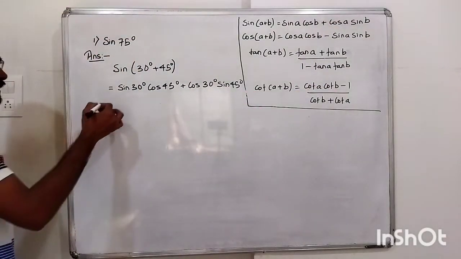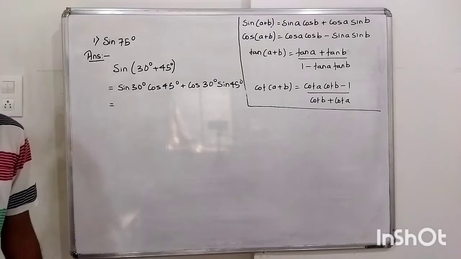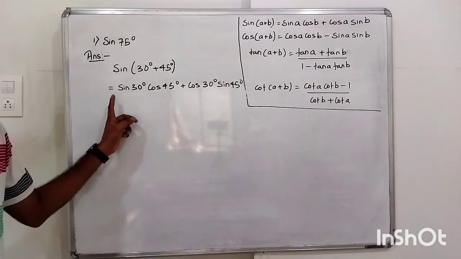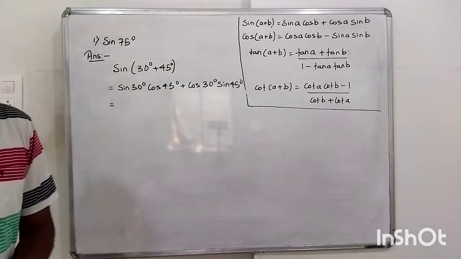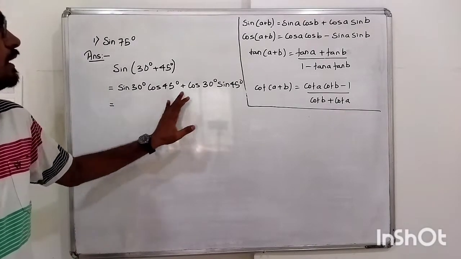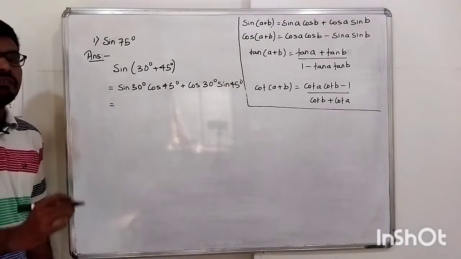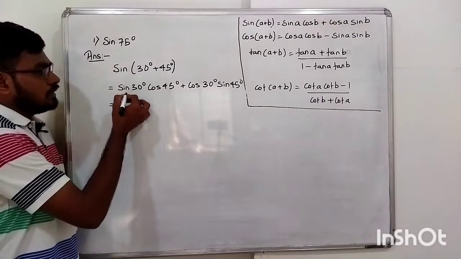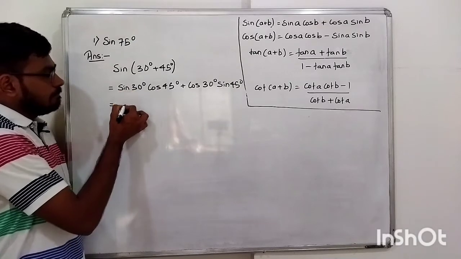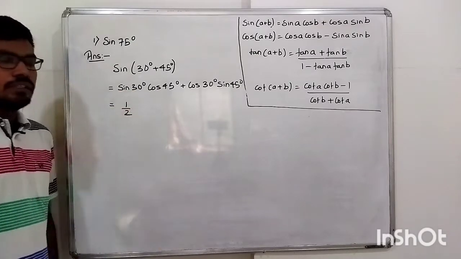Next, sin 30. What is sin 30? The trigonometric ratios for all this we have already learned. If you want to know how to find this, you can refer to my previous video, the first video of trigonometry. So sine 30 is half.